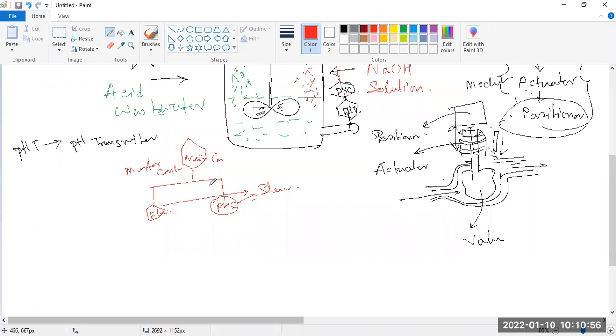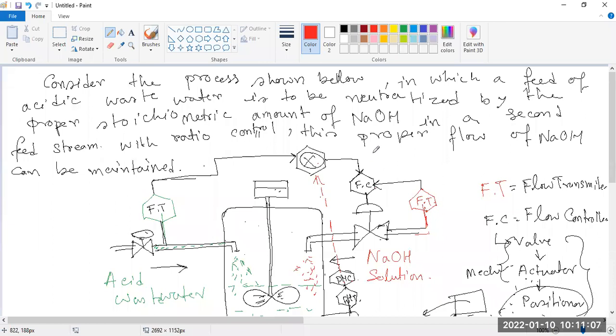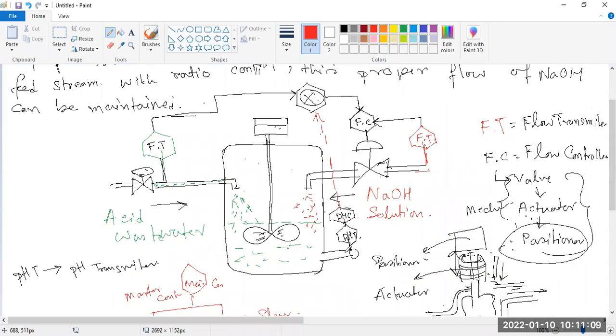In this way they operate this total ratio control system. This is a normal block diagram of an effluent treatment plant. In this way we can control the neutralization, the pH, of this acid waste. The output is called effluent.